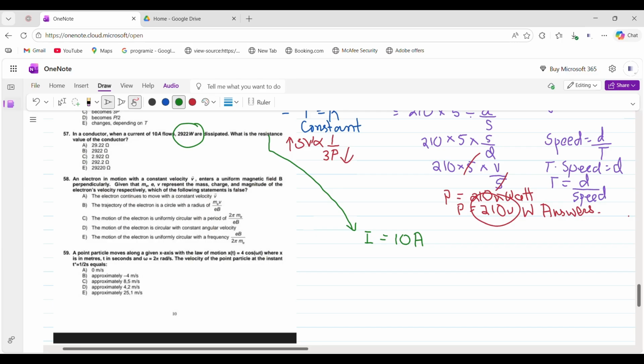Because the unit of power is watt. So this is basically power. Power is 2922 watt. Okay, are dissipated. For now I understood this. What is the resistance value of the conductor? They are asking us to find the resistance. So the required term is resistance.